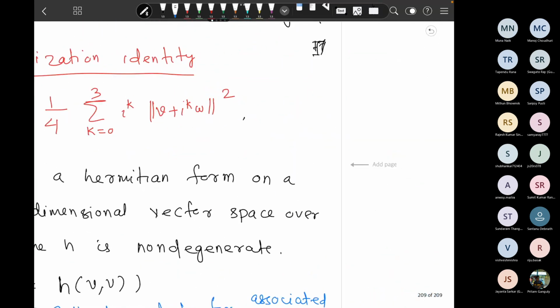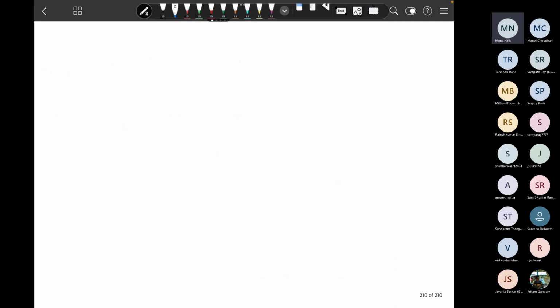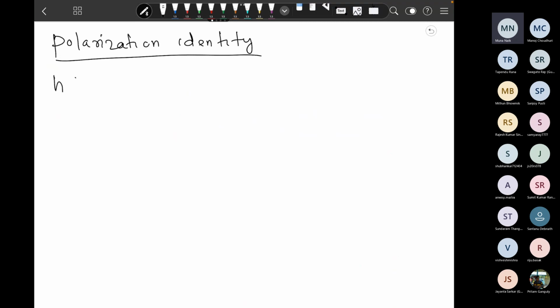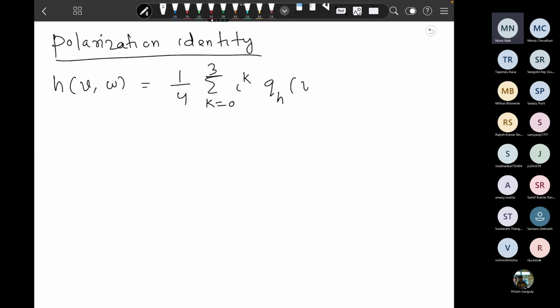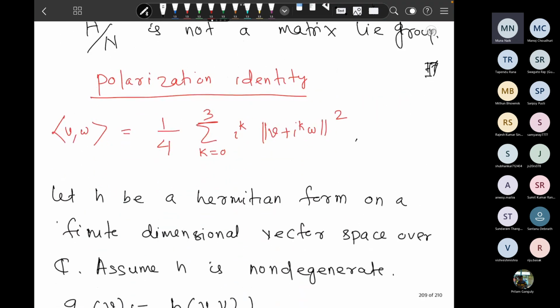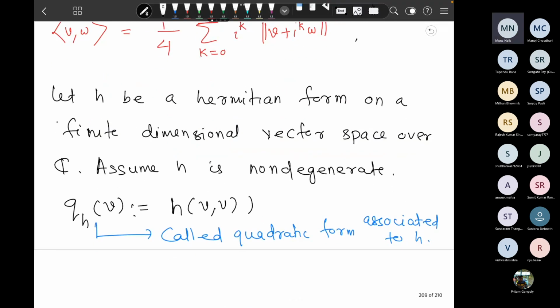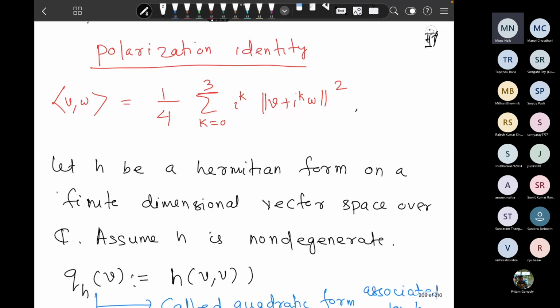So you can sort of guess what the thing will be. The polarization identity: H of v, w is 1/4 times the sum over k equals 0 to 3 of i to the power k times Q_H of v plus i to the power k w, for v, w belonging to V. See, the thing is, an inner product is a Hermitian form which is positive definite, and for proving this identity, the star, we do not need the positive definiteness of the inner product.